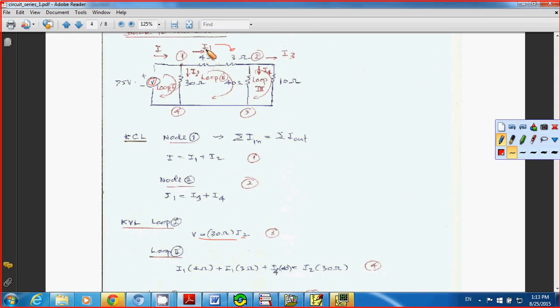You have 4 multiplied by I1, plus 3 multiplied by I1, plus I4 multiplied by 40, and that equals I2 multiplied by 30.